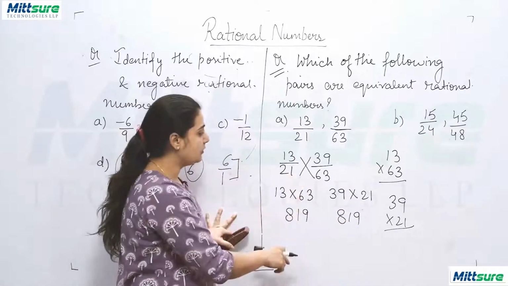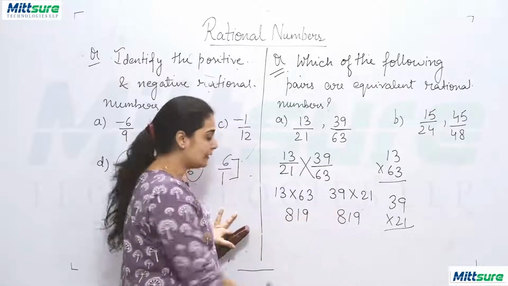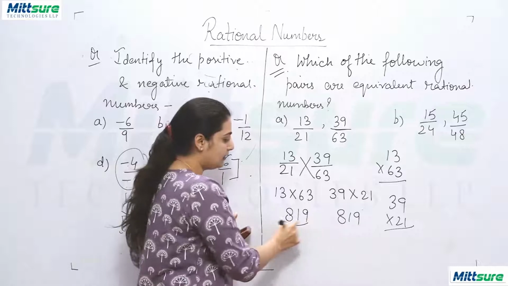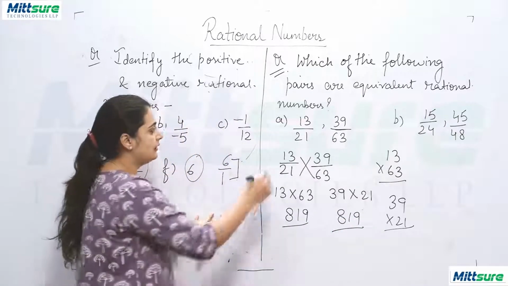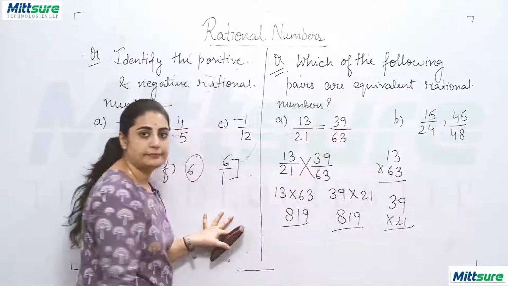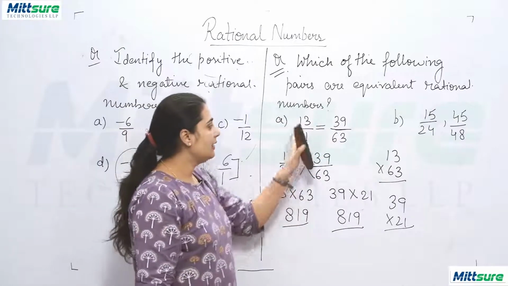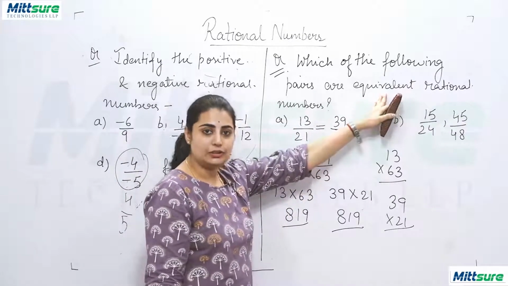Which shows that the products of the two cross multiplications are the same, that is 819 and 819. This means that these two rational numbers are equal, and we can say that the given two rational numbers are equivalent with each other.